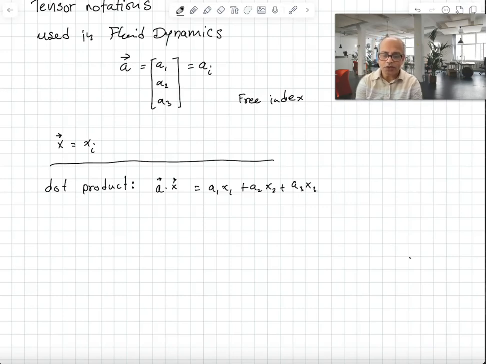We can write that in short form, sum over i from 1 to 3 of a_i x_i. I have to do a dot product a number of times when I'm studying fluids, and I don't want to write this sum every time. So I will just write a_i x_i.